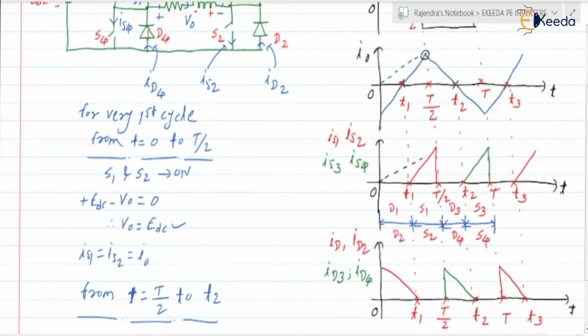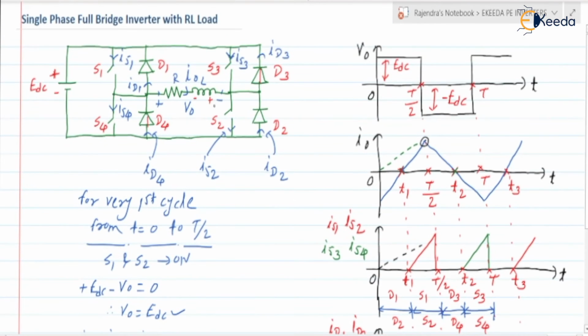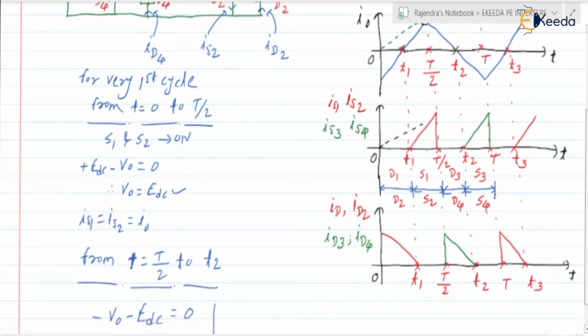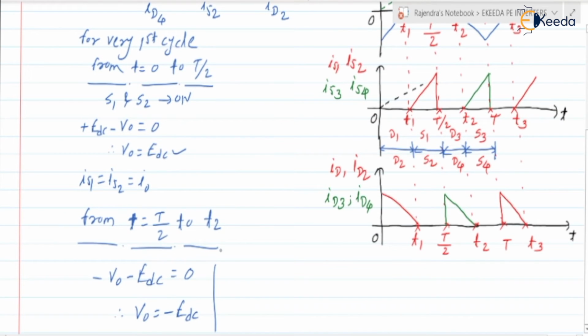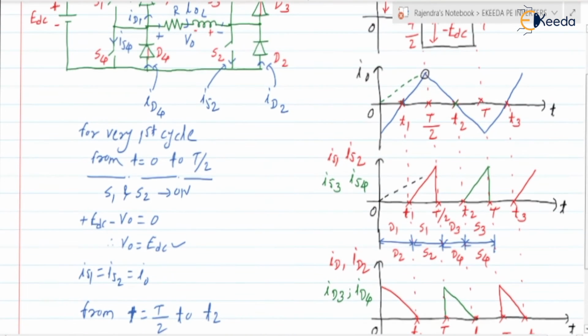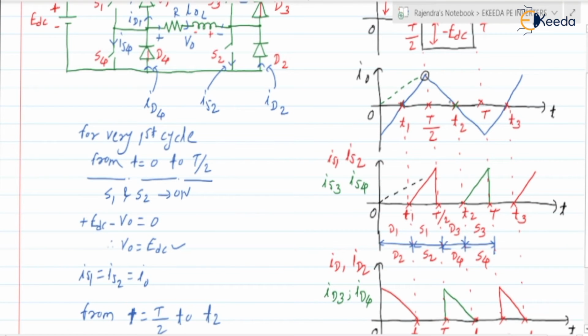Also during this interval T/2 to T2, the inductor is releasing the energy through diodes D3 and D4. So can we say that ID3 is equal to ID4 is equal to I0? Yes. I0 from T/2 to T2 is decreasing as the inductor releases the energy.